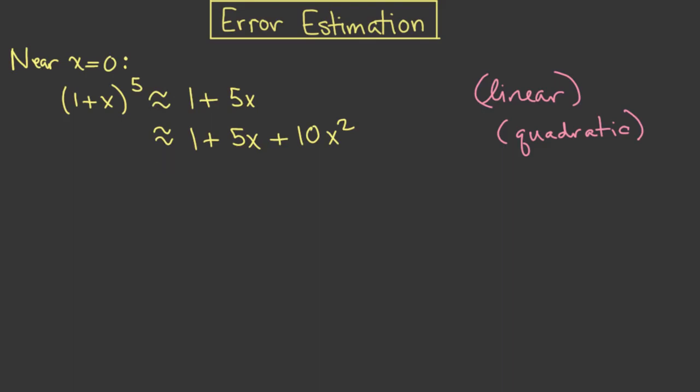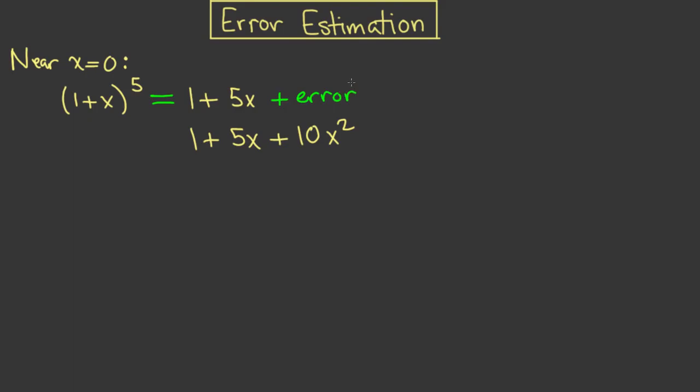What this really means is that this function is exactly equal to 1 plus 5x plus some error function. Similarly, in the quadratic case, this function is exactly equal to 1 plus 5x plus 10x squared plus some other error function. These two error functions are not the same.